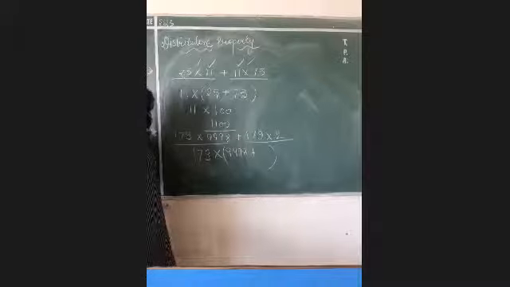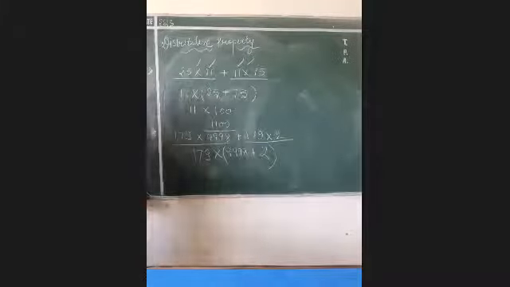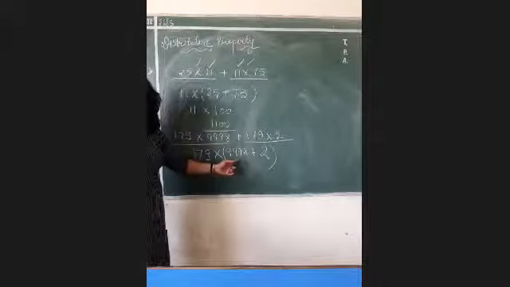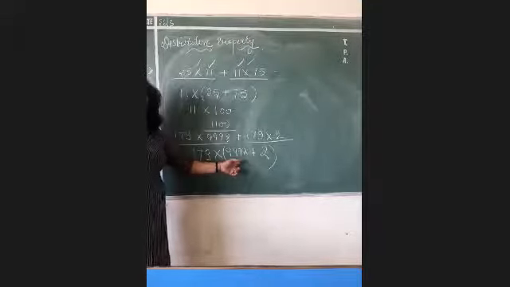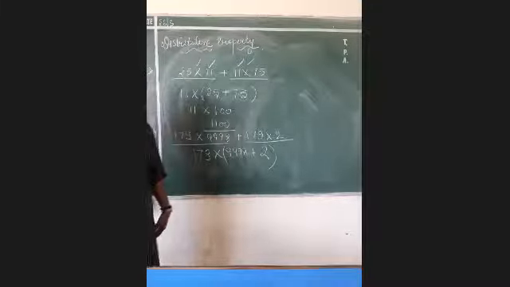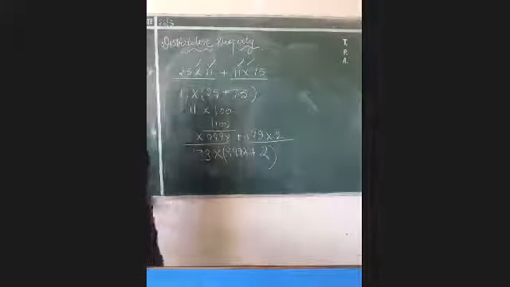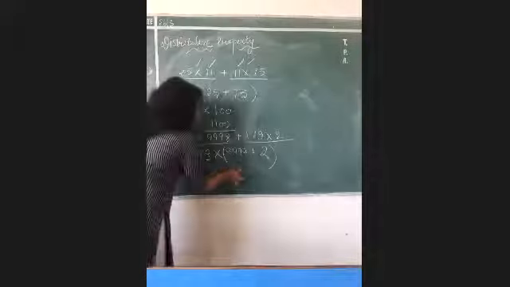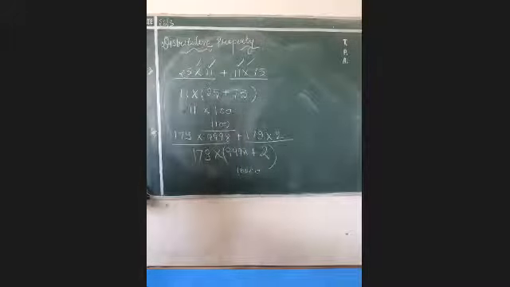Plus 2. Very good. It's only 2. Now, can you tell me when I solve this bracket, what will come? 9998 plus 2, what will come when you add? Very good, Samir. It would be 10,000.